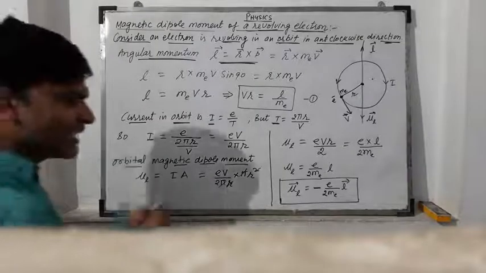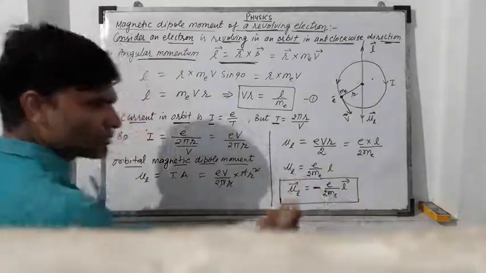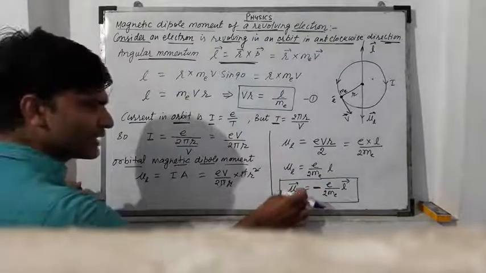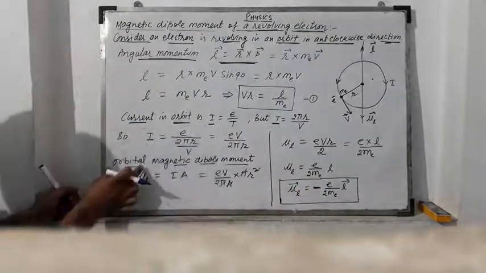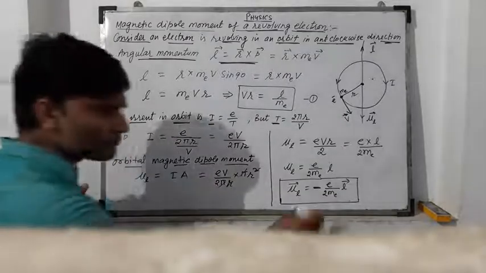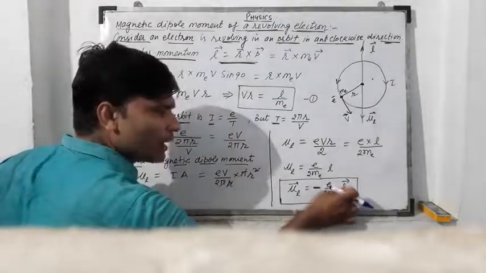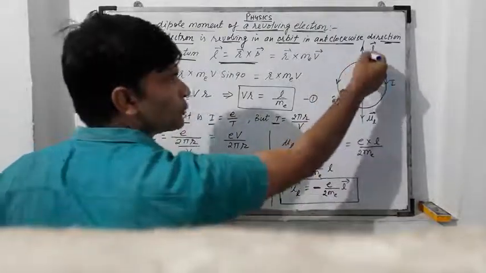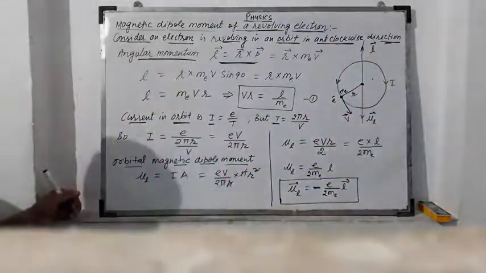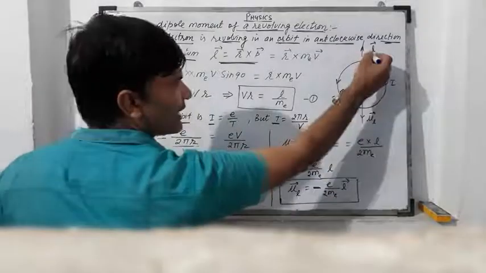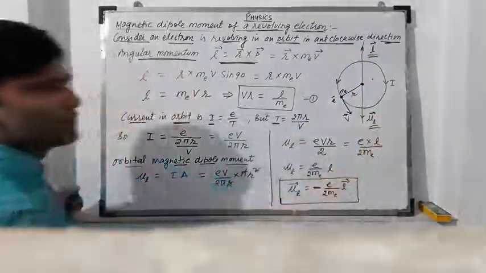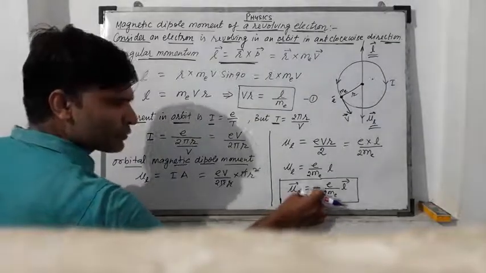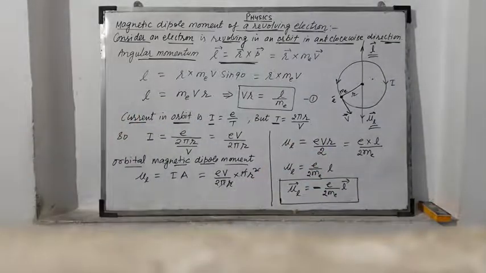This negative sign shows that mu_L, the orbital magnetic dipole moment, is opposite to the angular momentum L. You can see from the diagram mu_L and L are opposite to each other, and this negative sign shows this.